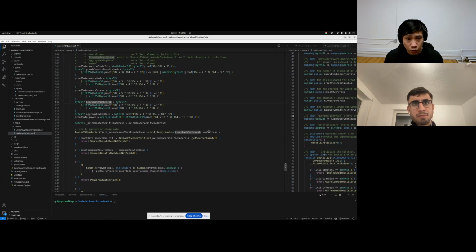To do this, we call out to an Axiom v2 header verifier contract that we've implemented to abstract away this check. We provide the claimed Merkle mountain range of block hashes, as well as some witness data, which helps us reconcile against our on-chain cache.